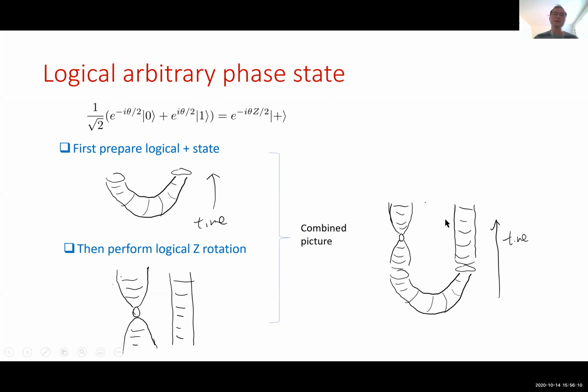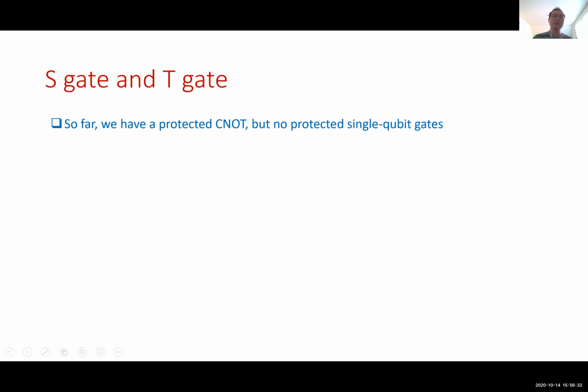So this is the state that I started with when I talked about magic state distillation. Right? So if I can prepare this state, and I go through the magic state distillation by Bravyi and Kitaev, I could implement some non-Clifford gate.